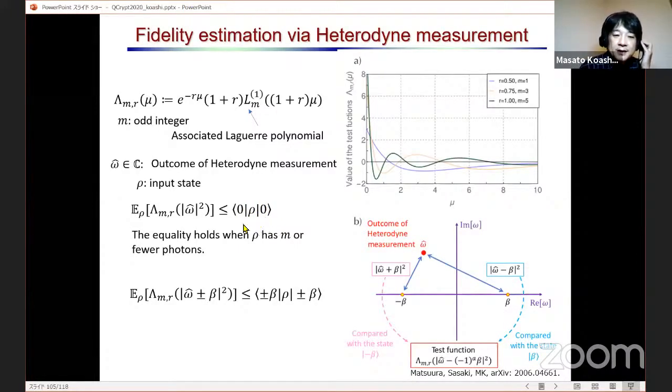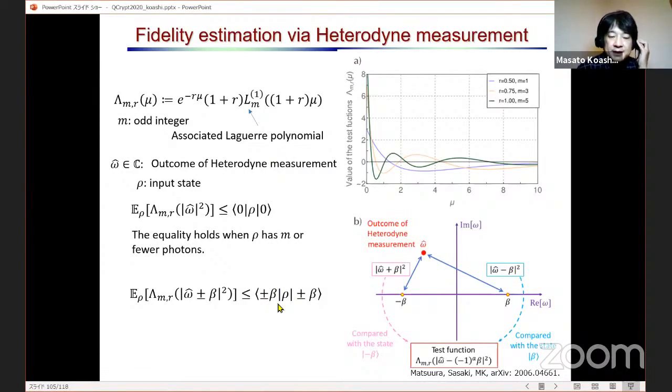And the lucky thing is that this is fairly tight. Actually, the equality holds if this state rho is weak. If this state rho has m or fewer photons, then this inequality saturates. And having said that for the vacuum state, you can just move the position of the origin to beta, and you can also measure the fidelity to the plus beta state and the minus beta state.